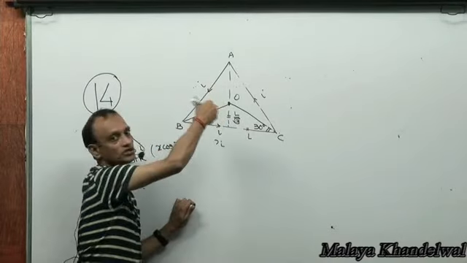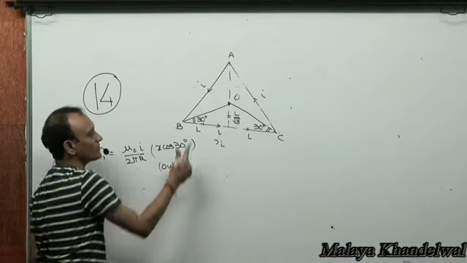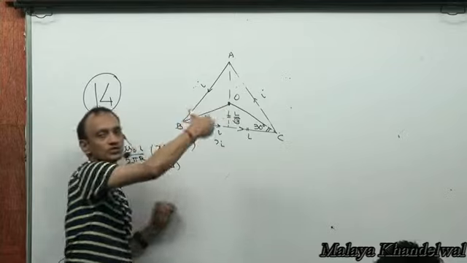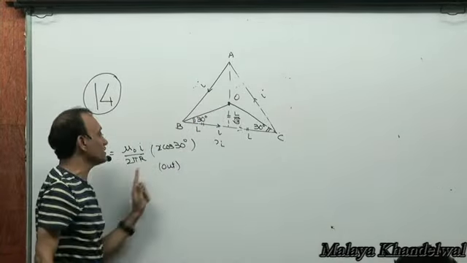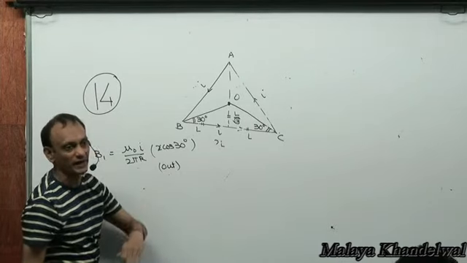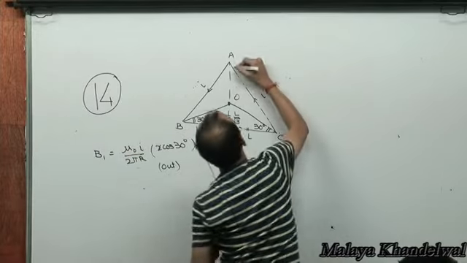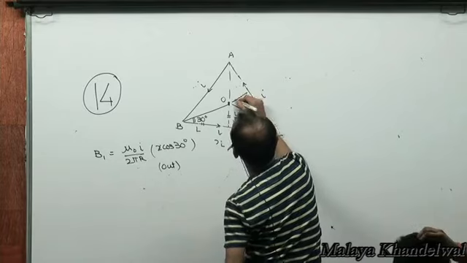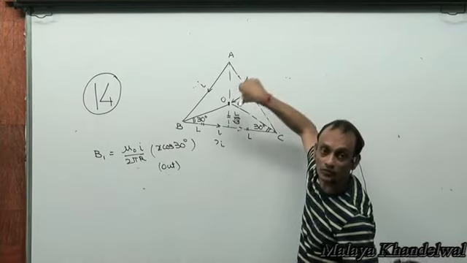In this case, dl cross r comes out of the plane of the board. Do you realize that? By Biot-Savart, this is my dl, this is my r, dl cross r comes out of the plane of the board. So for each of these sides, the same magnetic field comes out of the plane of the board, same direction, yes or no? For example, if you look at this wire, this is my dl, this is my r, so dl cross r at O is coming out of the plane of the board, right?